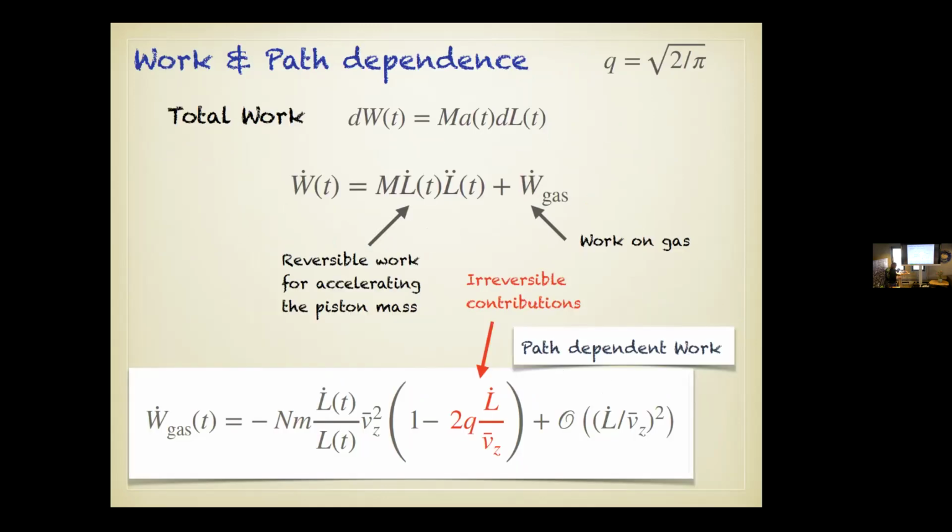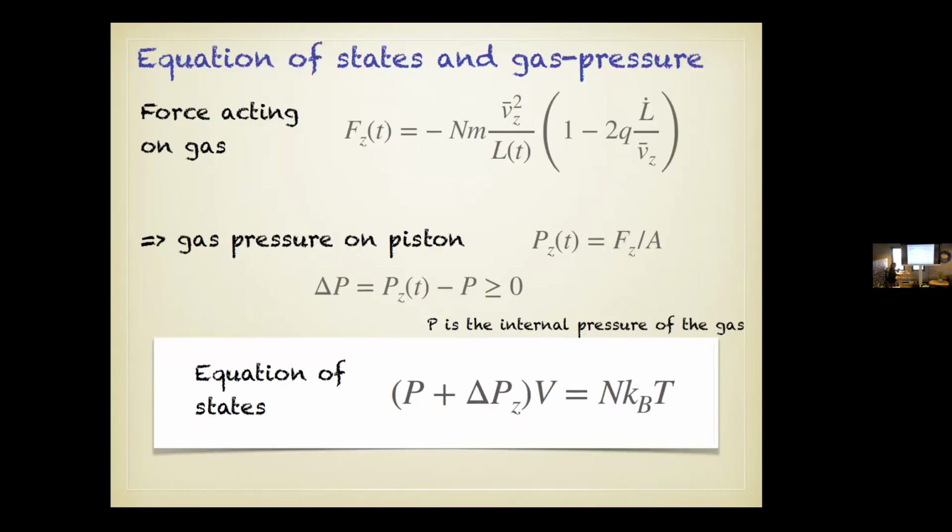So we get this equation that we have here, where we can rewrite the previous equation into this one, where this delta P is exactly this term times this term divided by A. So this is delta P, and this delta P is always positive. So that's why things become irreversible.